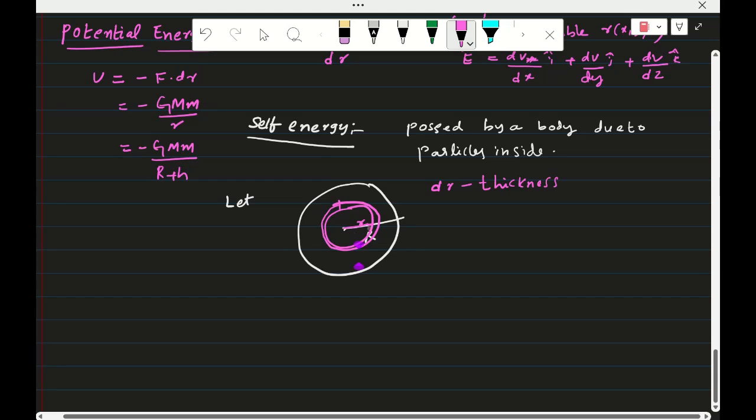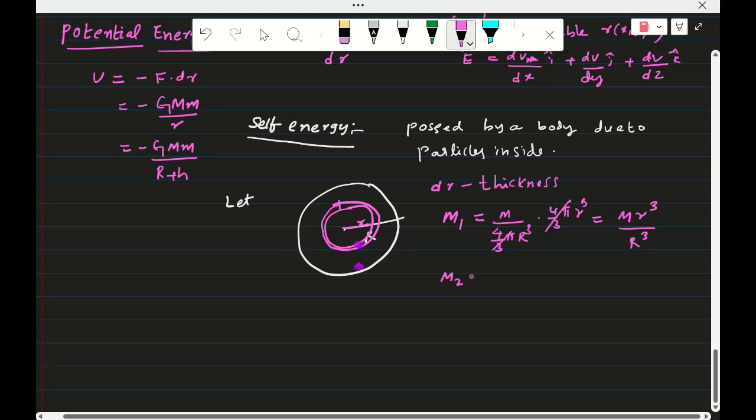Now the mass of this small element is m1. That equals M by 4 by 3 pi R cube, into 4 by 3 pi r cube. So that is equal to M r cube by R cube. This is the mass of the sphere of small radius r.